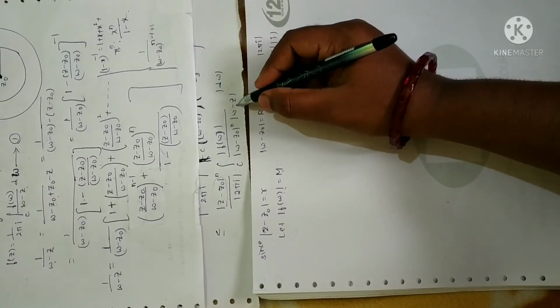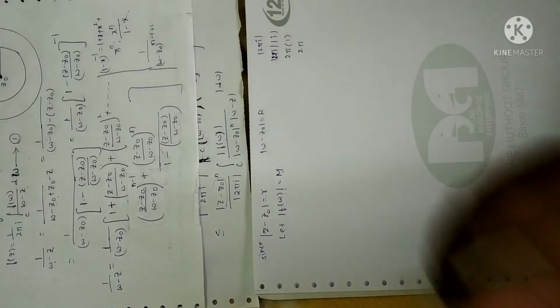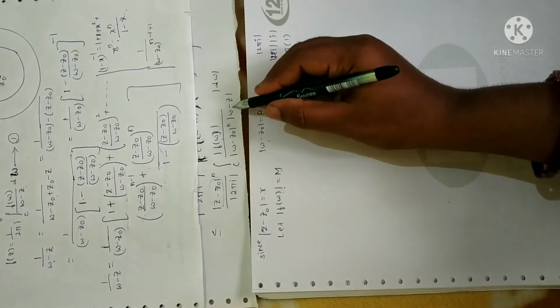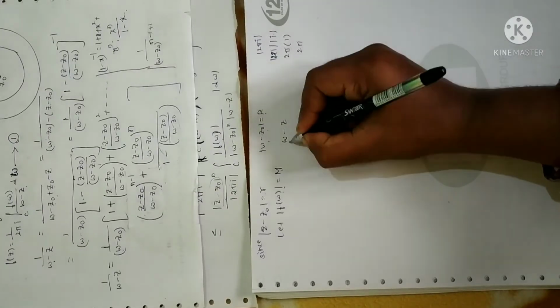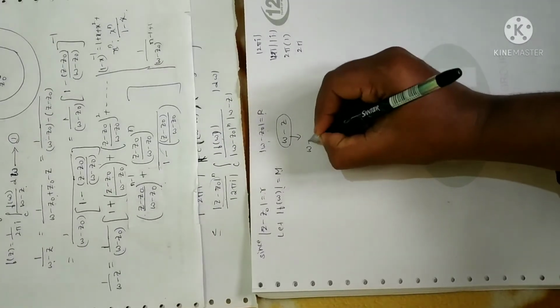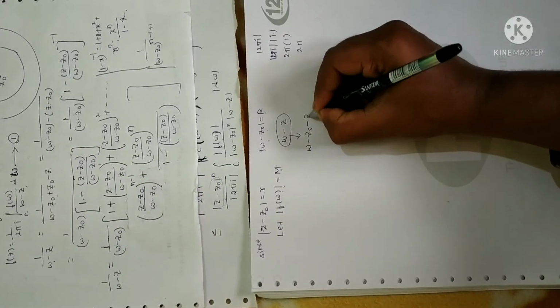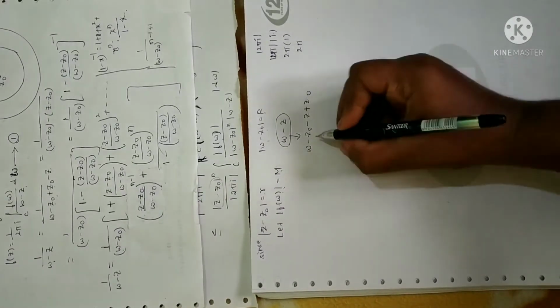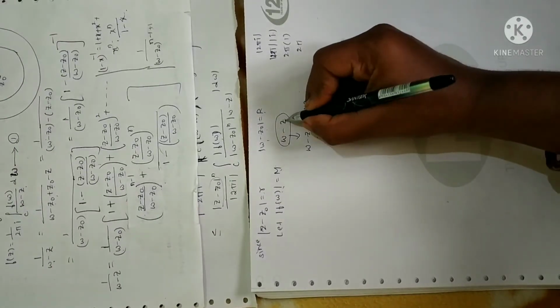How can we extract these values? Let me explain here. Since the magnitude of w minus z naught is equal to r, I can replace this by r. We need the value of w minus z. So I can write w minus z as (w minus z naught) minus (z minus z naught), right? If you want, I can write one more step here: minus z naught plus z naught cancel, and you will get back the same.